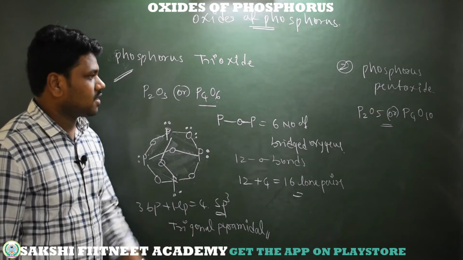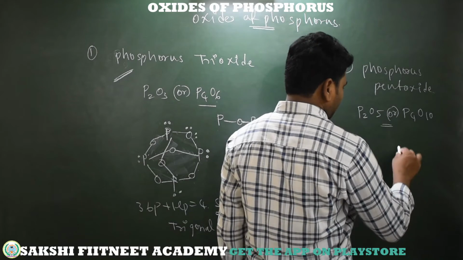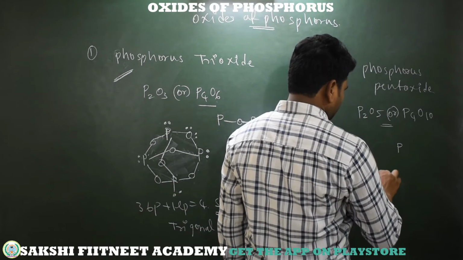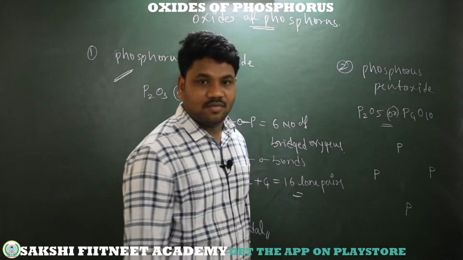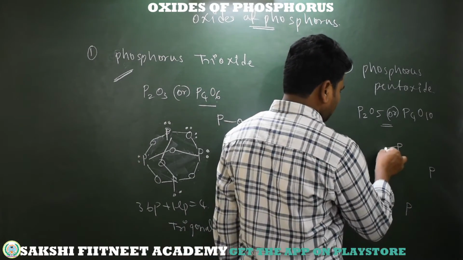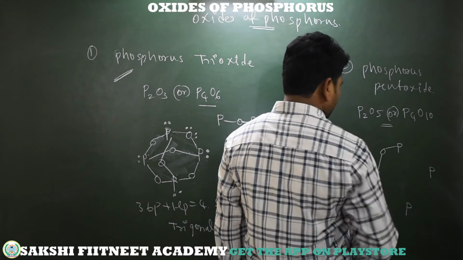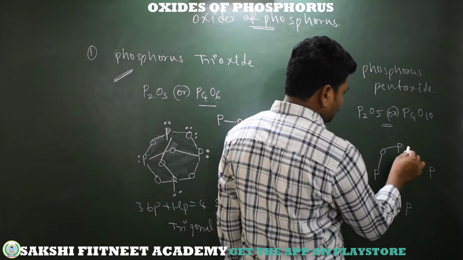Now coming to phosphorus pentoxide. See here the structure of phosphorus pentoxide. Same as before, take 4 phosphorus atoms, as present in white phosphorus, in a tetrahedral arrangement. Now each phosphorus, same as in phosphorus trioxide, has 3 oxygen bonds.